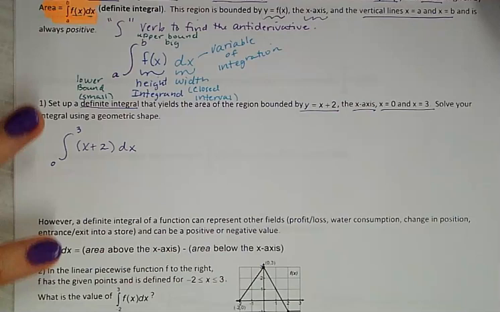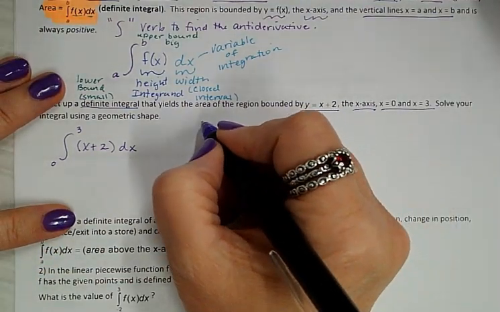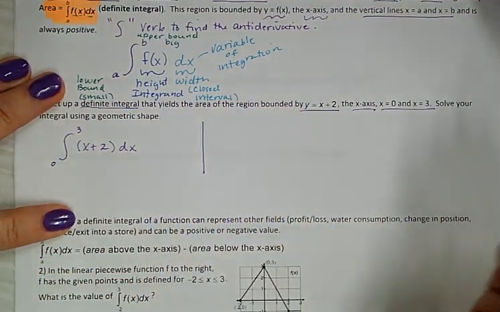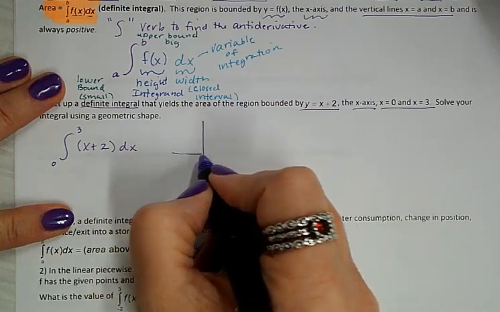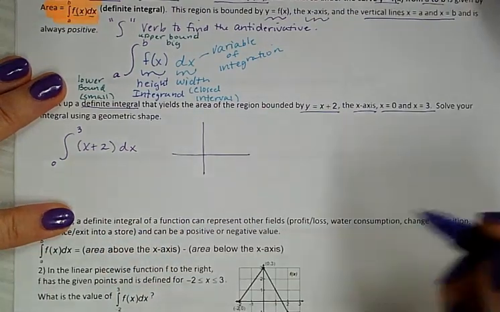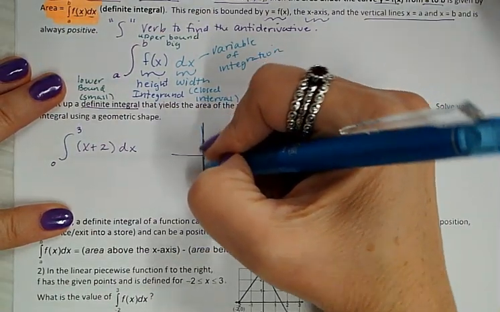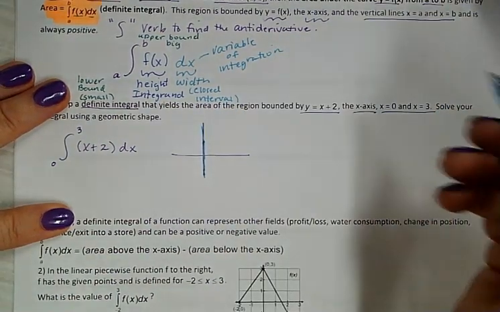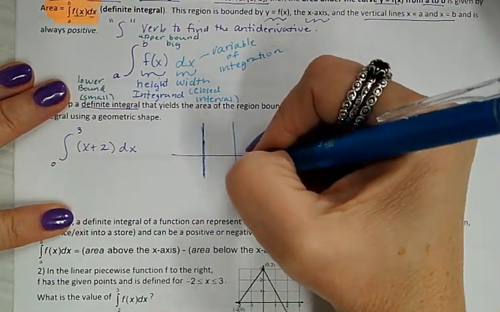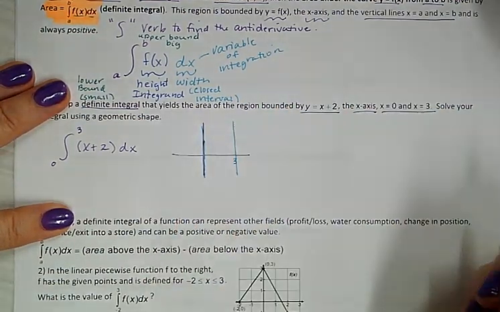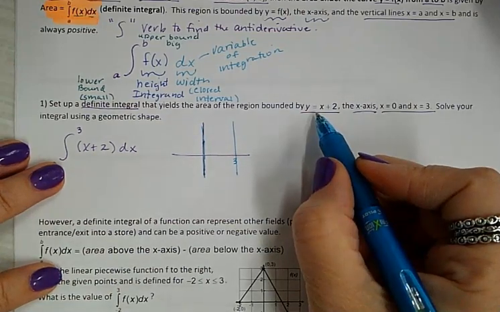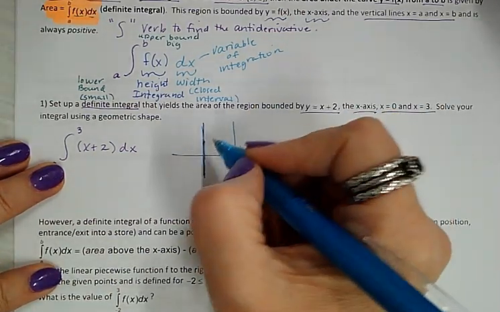All right, so let's give ourselves a rough sketch here. We're going to have the graph here, and we're bounded by the x-axis, which is right here, and we're bounded by x equals 3. And we're bounded by a line that has a slope of 1 and a y-intercept at 2.